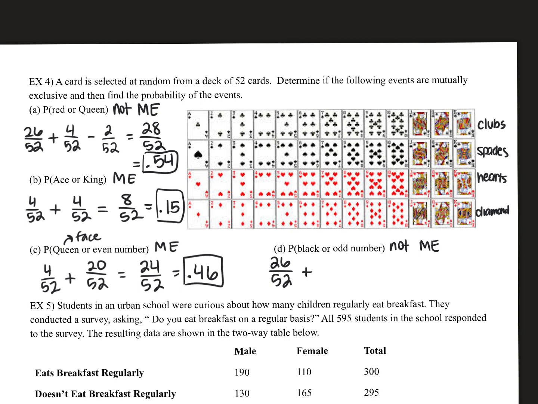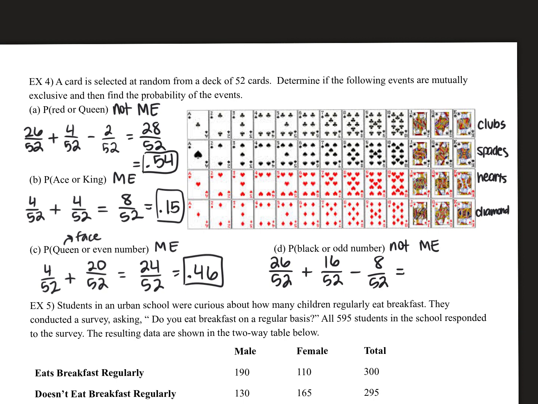Even though it doesn't have a face on it, it is considered a face card. So the only odd numbers are 3, 5, 7, and 9. So there are 4 odd numbers across the 4 suits. So we get 16 out of 52. Now we have to subtract the black odd numbers. So that's 3, 5, 7, and 9 twice, of which there are 8 of them.